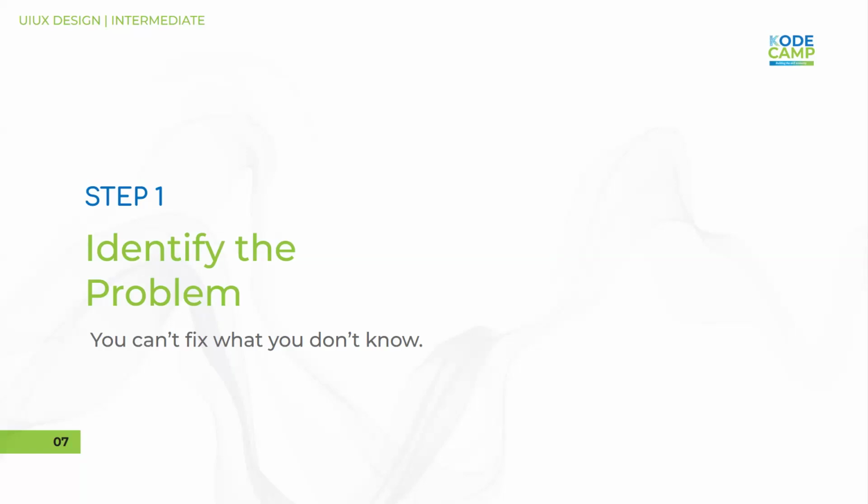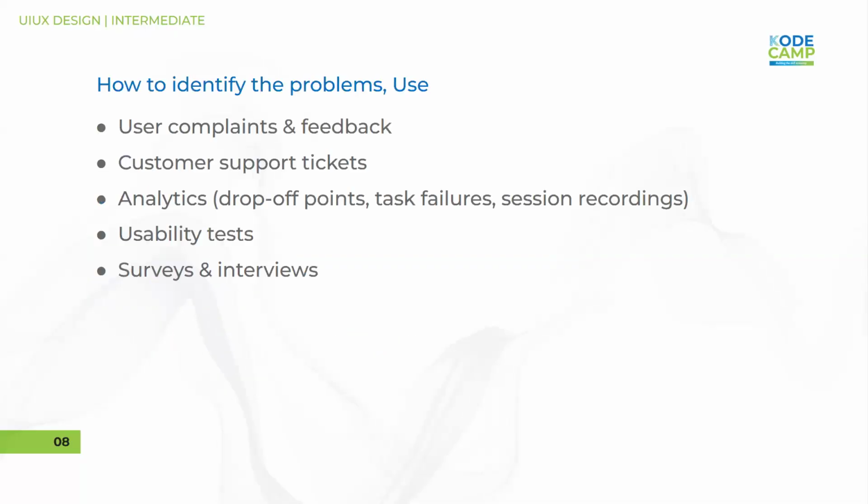So how do we actually identify these problems? We can identify the problems through user complaints and feedback. This can be through reviews, app stores, Twitter rants, etc. And it can also be from customer support tickets. People can literally tell you where they are stuck.